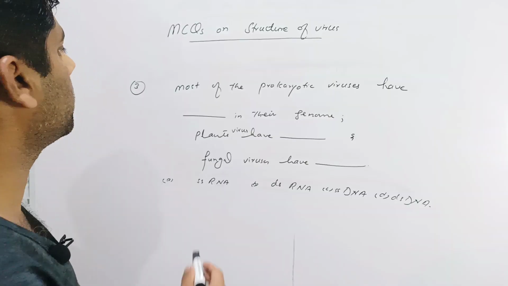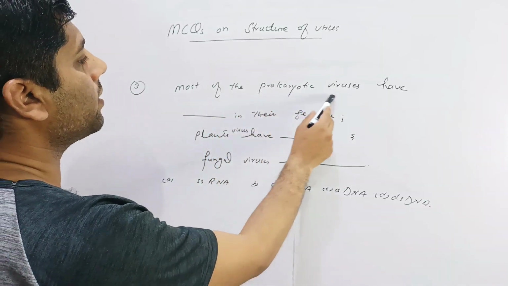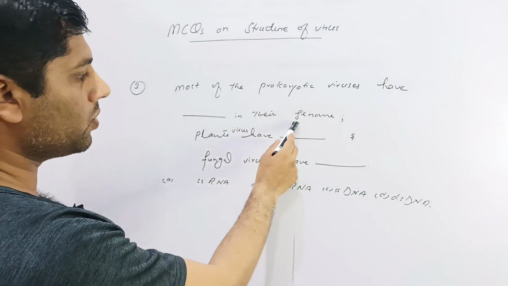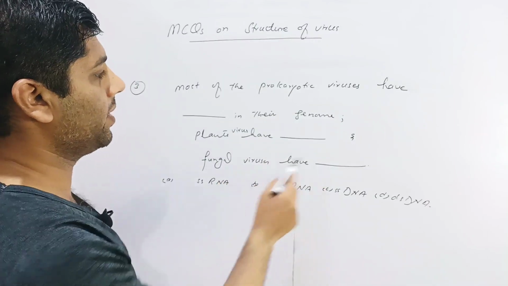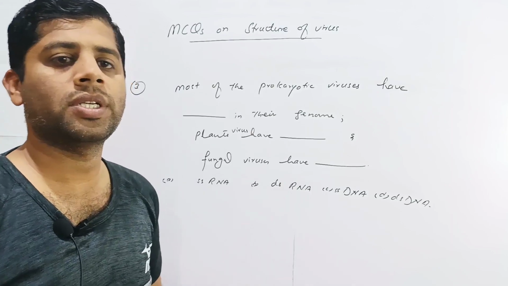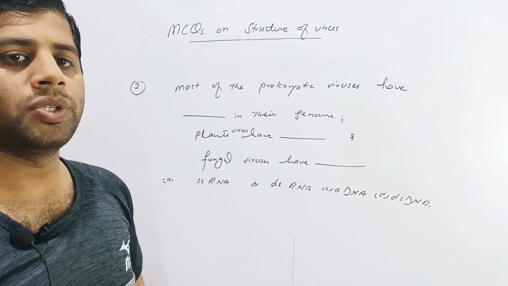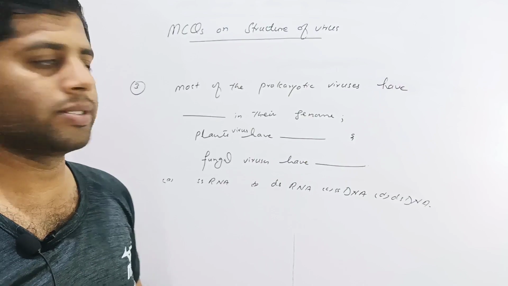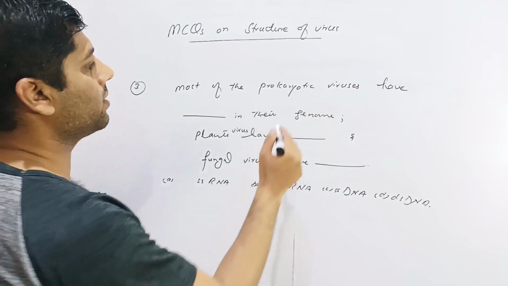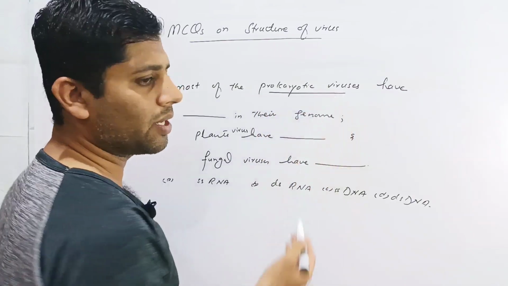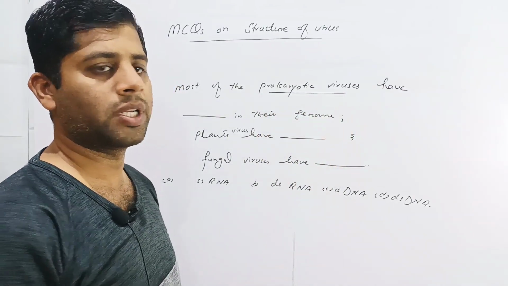Question is, most of the prokaryotic viruses have dash in their genome, plant viruses have dash, and fungal viruses have dash. So the examiner is asking about the genome of the viral classes. The first one is prokaryotic viruses. He is referring to the bacteriophage. Prokaryotic viruses are those viruses which infect prokaryotes or bacteria.